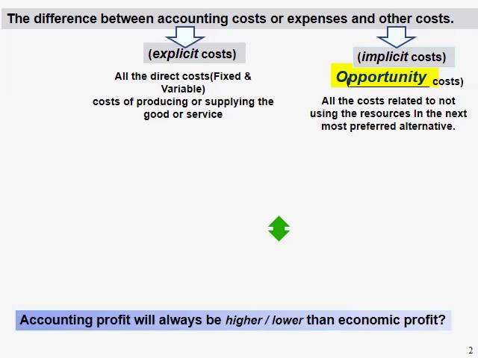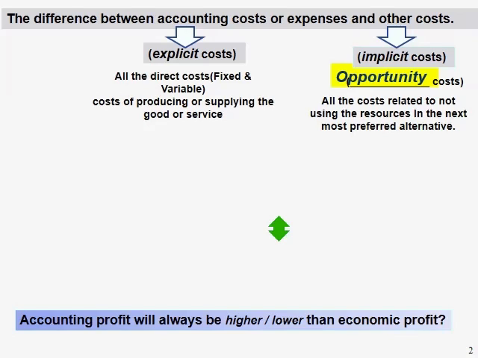These costs are implied. For example, a business like ACG that buys this building and borrowed the money from the bank to buy it will pay interest, an explicit cost on the loan.